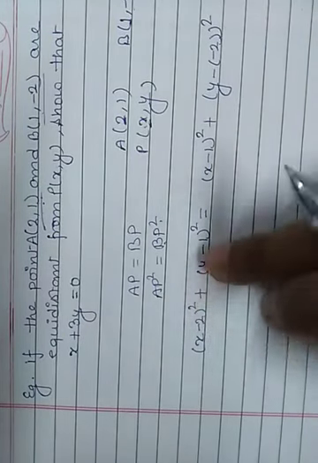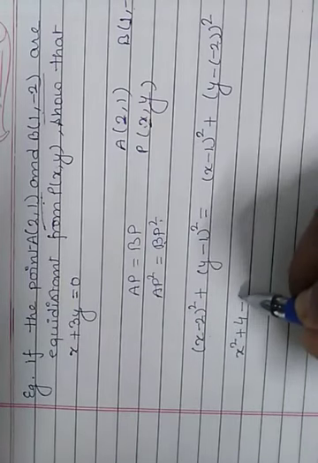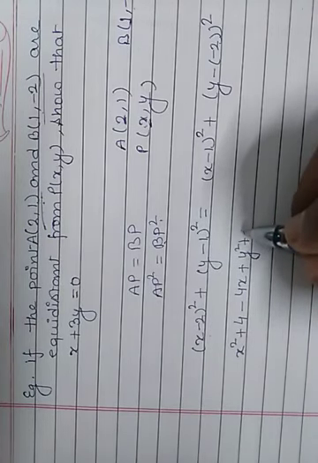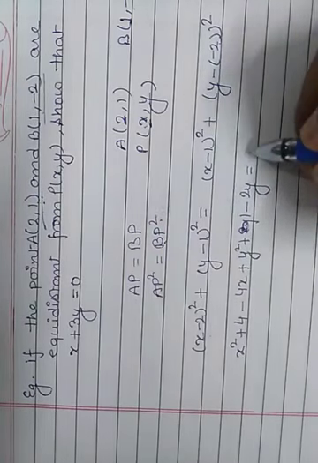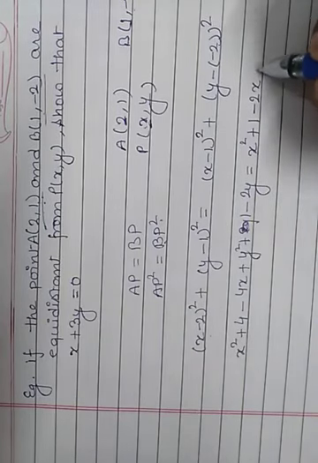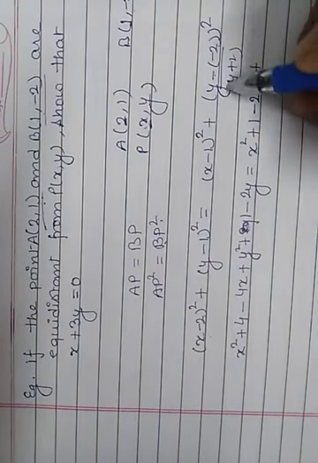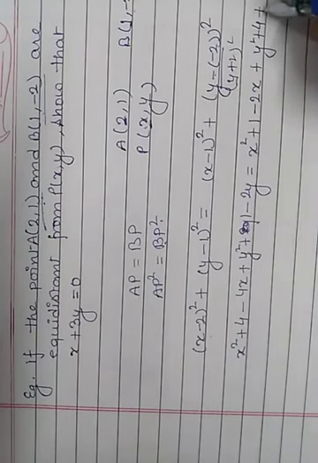Now using (a minus b) whole squared, here it is x squared plus 4 minus 4x. Here it becomes y squared plus 1 minus 2y. Here it becomes x squared plus 1 minus 2x, and plus, so it becomes y squared plus 4 minus 4y. Wait, y minus 2 whole squared becomes y squared, plus the square of 2 which is 4, minus 4y.